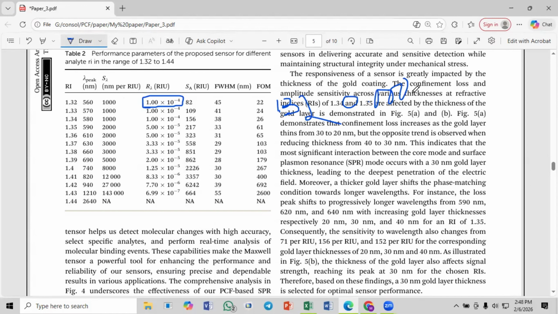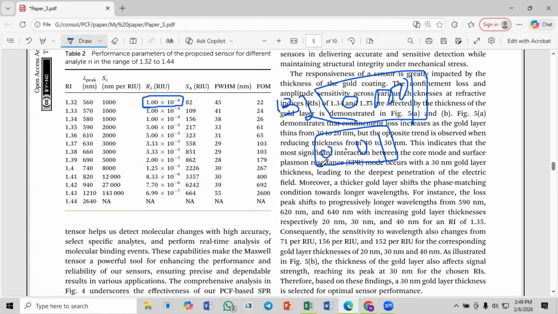Here you can see that for a 0.01 change of refractive index, the sensor shows a wavelength shift of 10 nanometer.